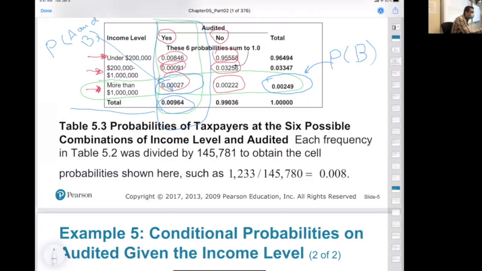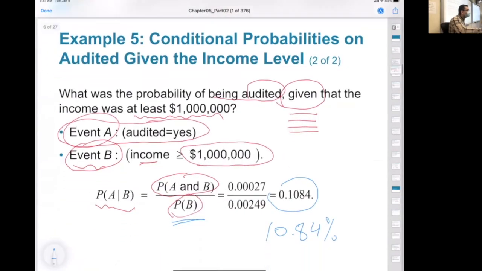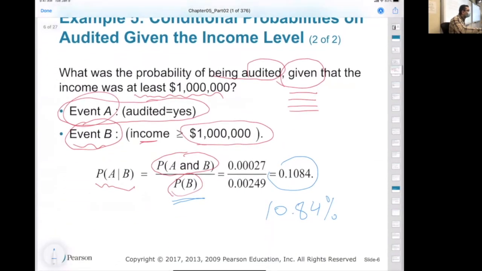This is the probability of A. Look at this probability, it's 0.00964. So if you multiply it by 100, it's 0.964%, right? So which one is higher? Probability of A or probability of A given B? Of A given B.